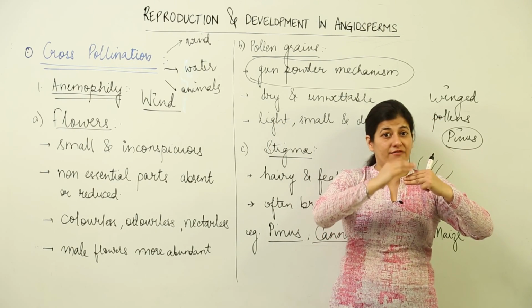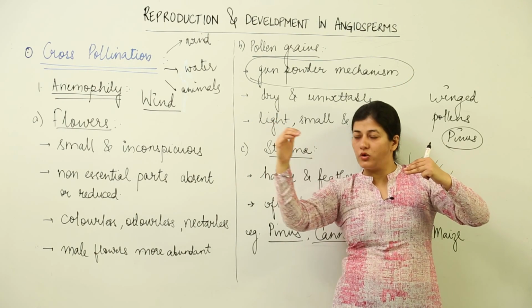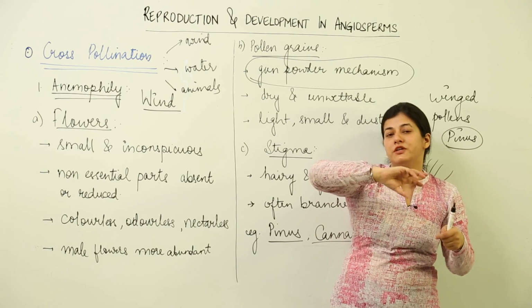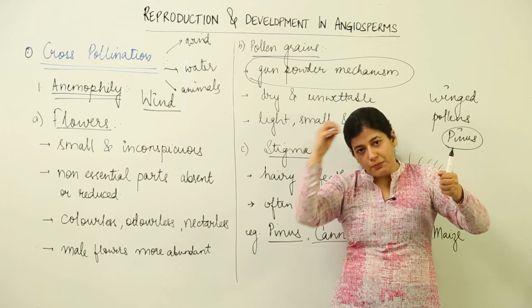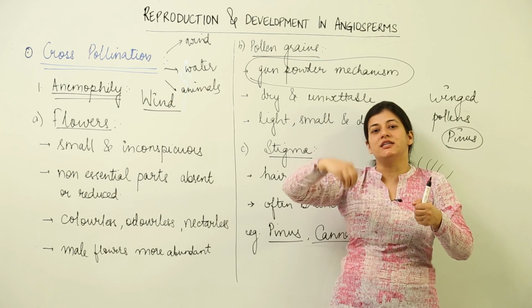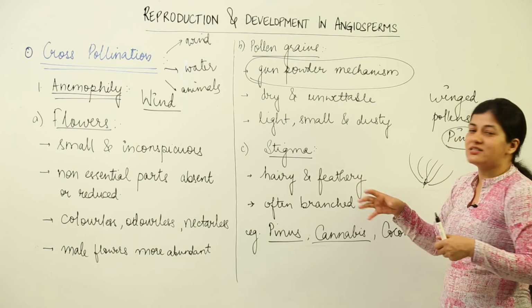But if I have such an arrangement that I have 7 to 8 stigmas over here, so the winged pollen comes, and because of the cluttered arrangement of the female part, the pollen would come and settle down on one or other stigma, and that would make the process less wasteful.